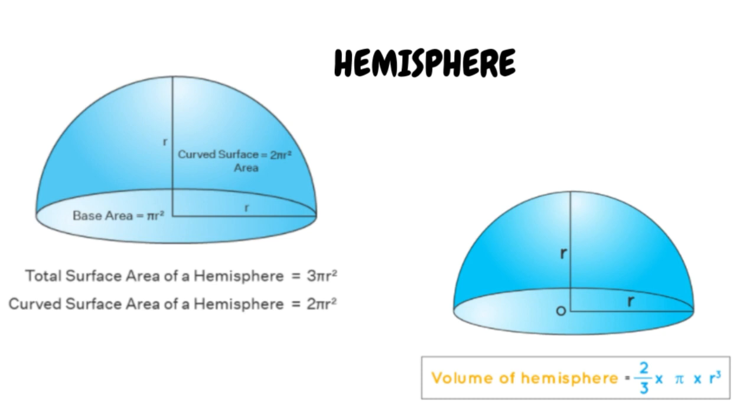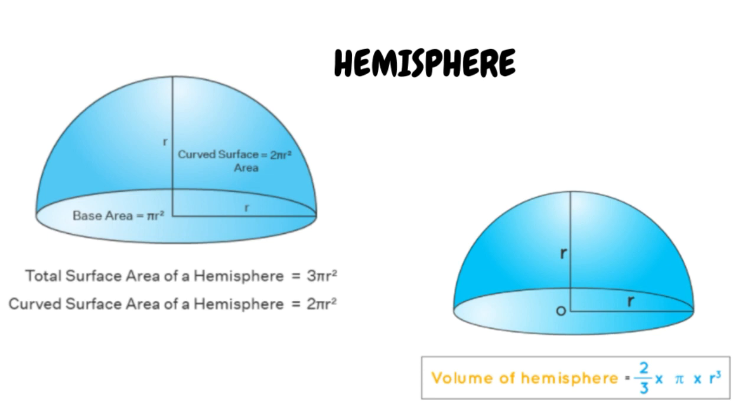Hemisphere is a figure that we get when we cut a sphere through its middle. So the curved surface area of a hemisphere is nothing but half the total surface area of sphere. So it is half 4 pi r square.